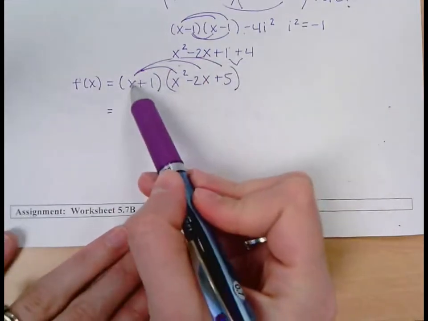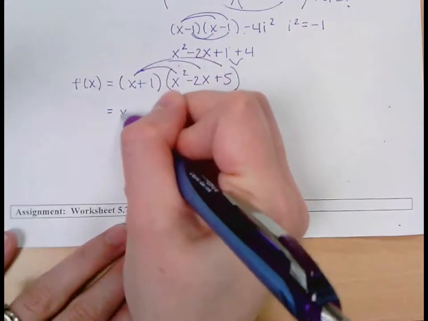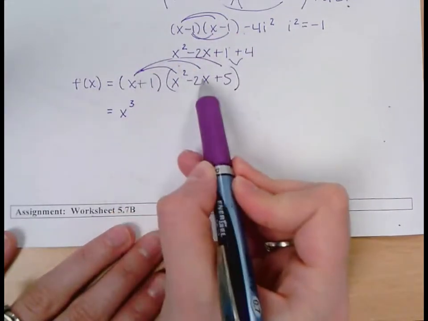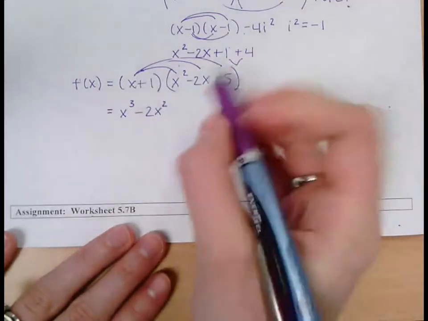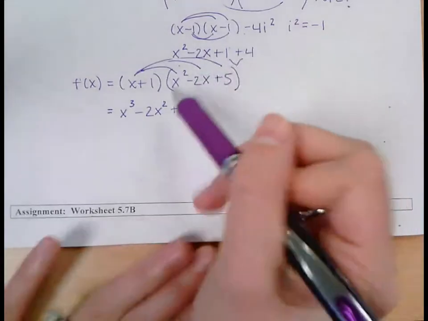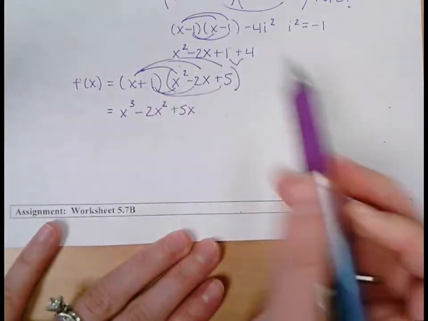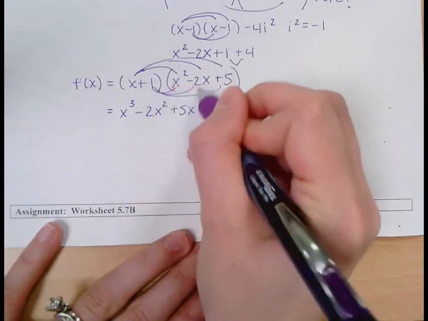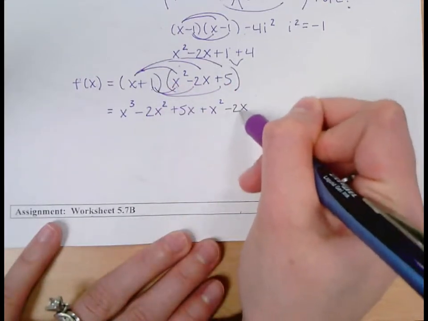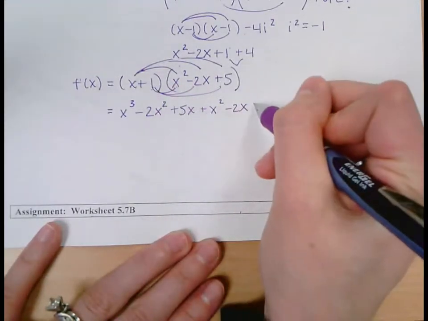So if I multiply x times x squared, that's x cubed. X times negative 2x is minus 2x squared. X times 5 is plus 5x. And then distribute the 1. 1 times x squared is plus x squared. 1 times negative 2x is minus 2x. 1 times 5 is plus 5.